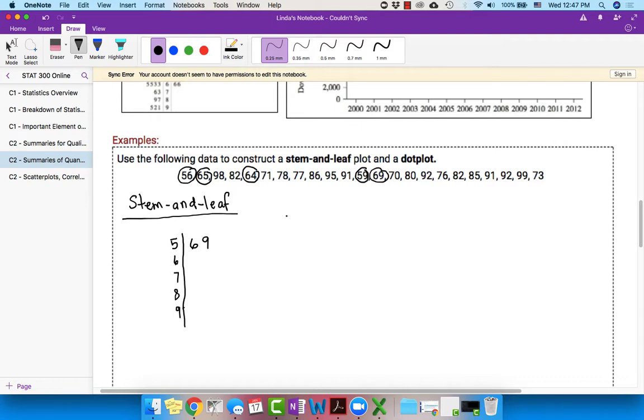So we write the second digits in that order, 4, 5, 9. And so on. Let me take a moment to write down the rest of the numbers. Notice that if there is a repeat or multiple repeats, you must write the second digit for each of the repeats. So here's what we got for this data as the stem and leaf plot for 8 and 9.